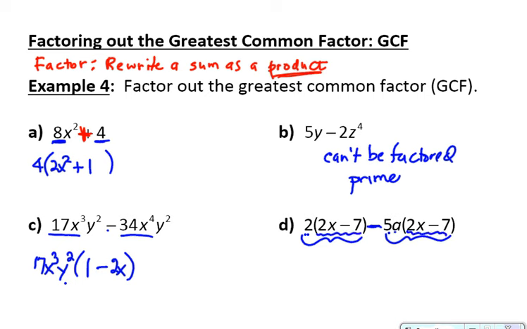So they're both a 2x minus 7 parentheses. So my GCF is actually 2x minus 7. And when I take that out, what I'm left with is a 2 here, and a minus, and 5a. And so that's going to go in my second parentheses. And now my difference is written as a product.